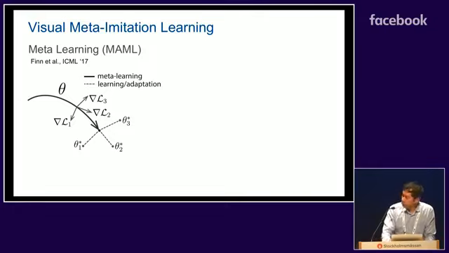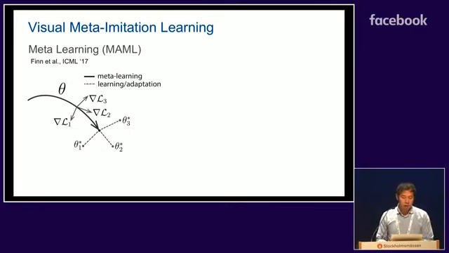Perhaps the algorithmic framework can be made clearer by viewing one-shot imitation learning through the meta-learning lens. The key idea from 2 papers by Finn et al. in 2017 is to view multiple policies for related tasks as sharing common initialization parameters theta, which are the policy parameters that we are going to find.